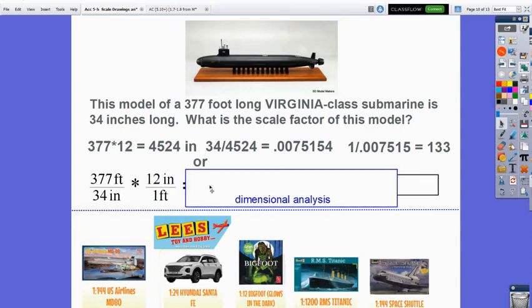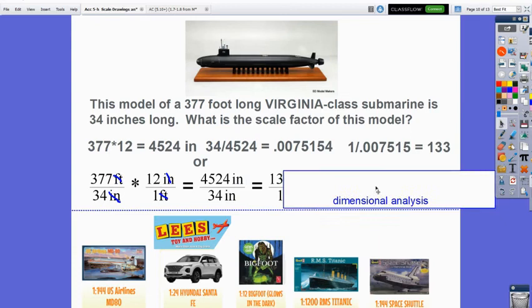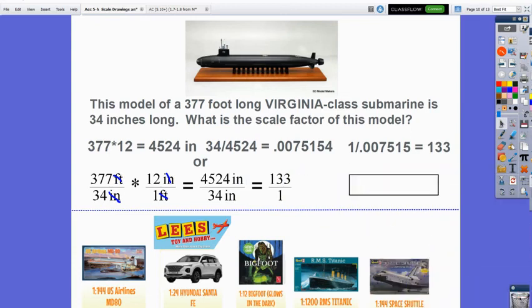Convert feet to inches by multiplying by 12. And then I get 377 times 12, and the inches cancel out and the feet cancel out. And I get 4,524 inches divided by 34 inches, and that gives me directly 133 to 1, which means the scale is 1 to 133.